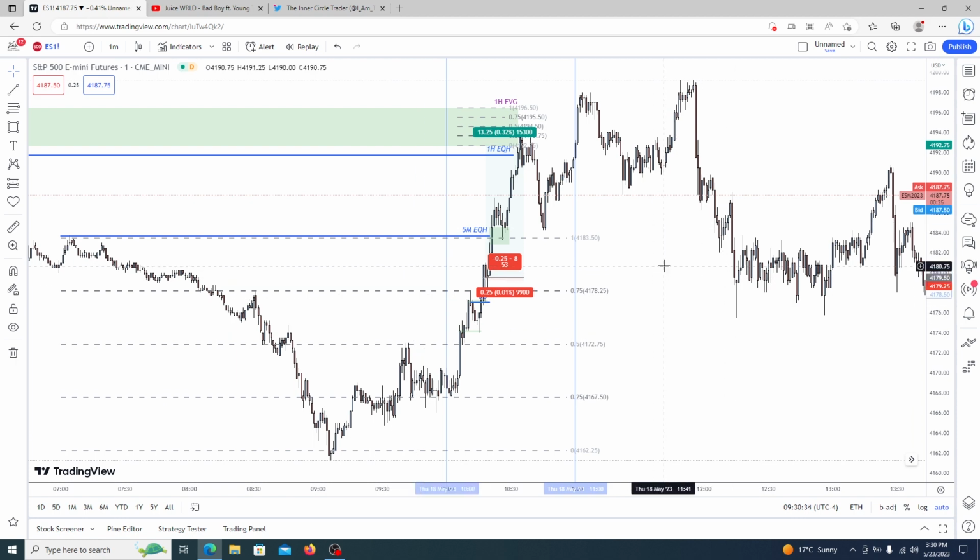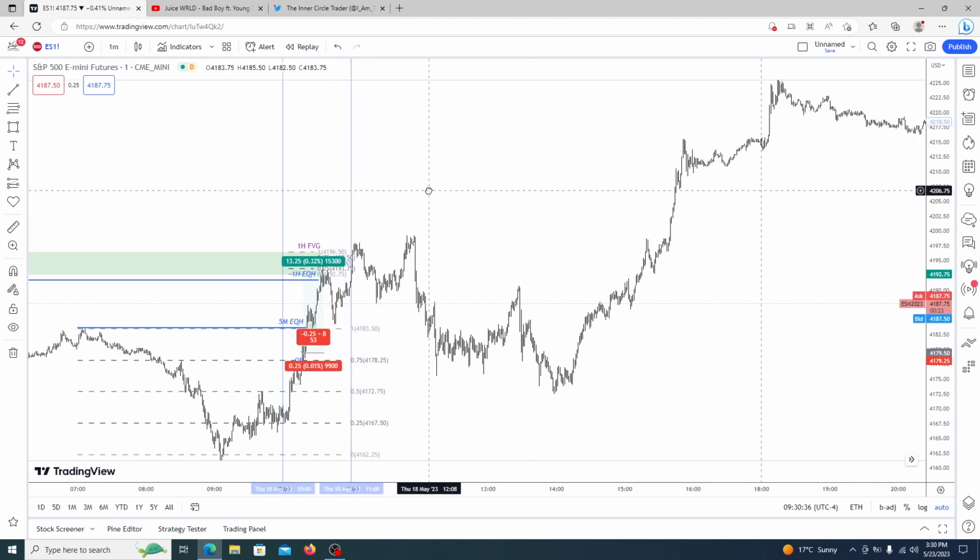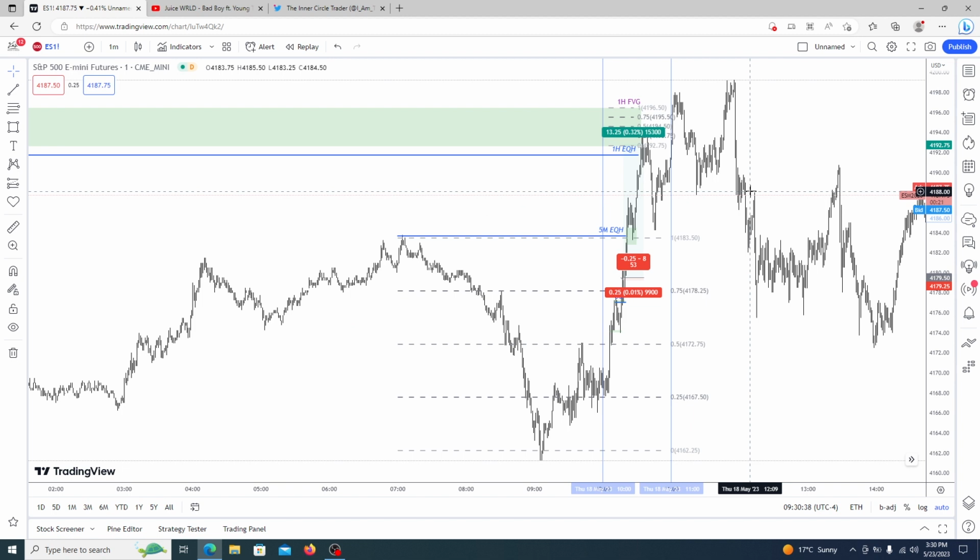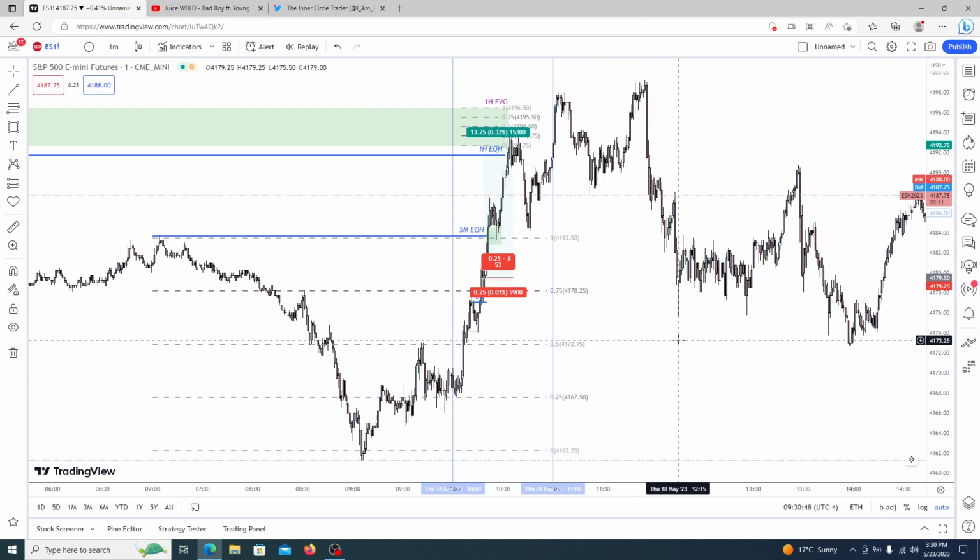That's how you would use, in a sense, the failed 75% trading Fibonacci OTE entry pattern idea.